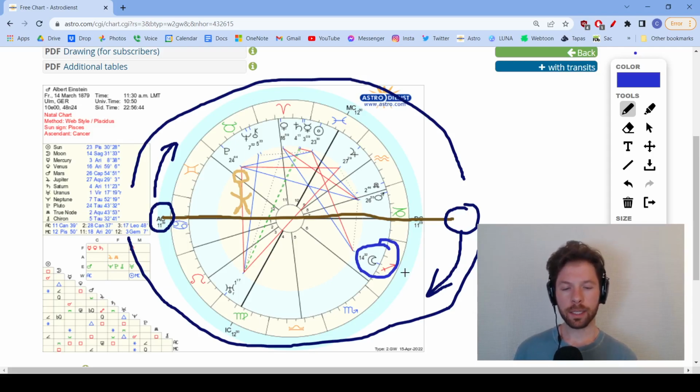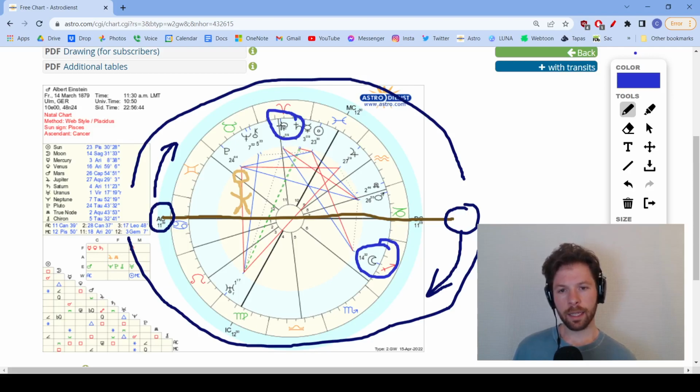But essentially, take this moon, right? So it's a Sagittarius moon in the 6th. And then over here, he's got a Venus in Aries. Venus in Aries in the 10th house.